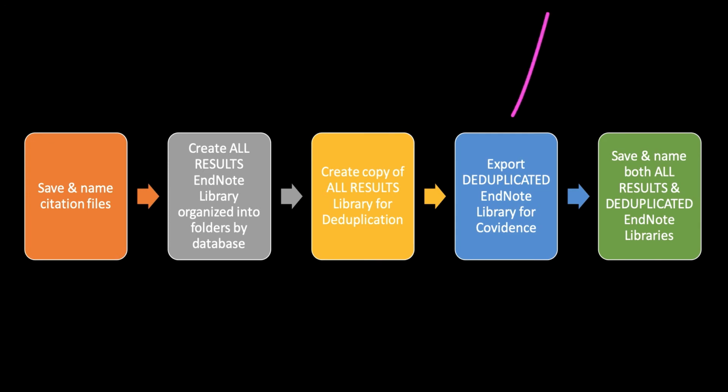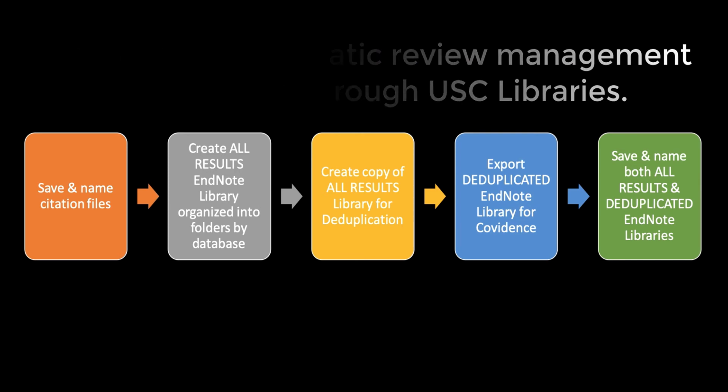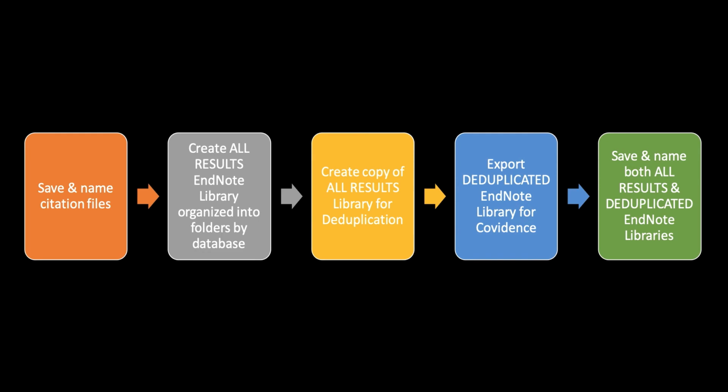Next, export the citations from the deduplicated EndNote library and import into Covidence. Covidence is a systematic review screening and data extraction tool available to USC researchers through USC Libraries. Finally, save and name both the all results and deduplicated EndNote libraries. Now, let's cover each of these aspects in more detail.